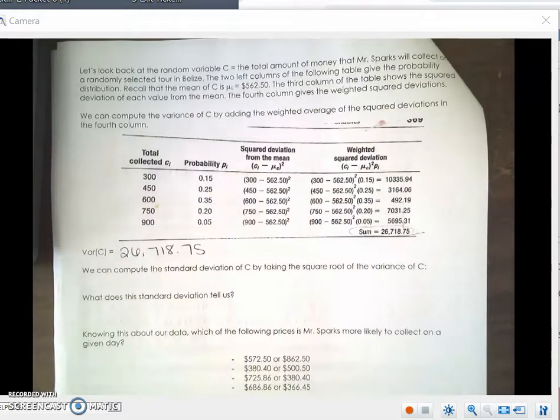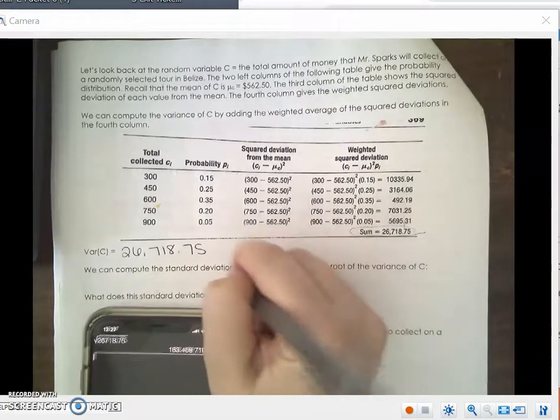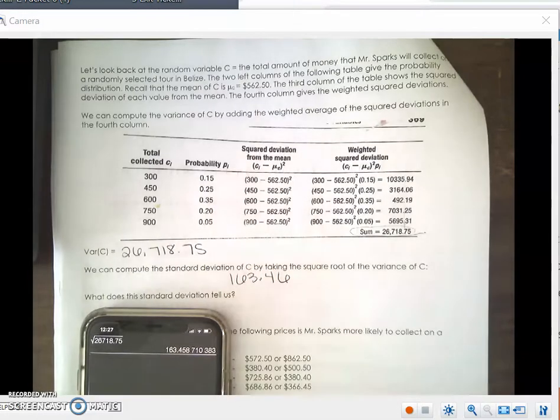We can take the square root of the variance to get the standard deviation. So when I take the square root of 26,718.75, I get 163.45. So 163.46. We'll round that up.